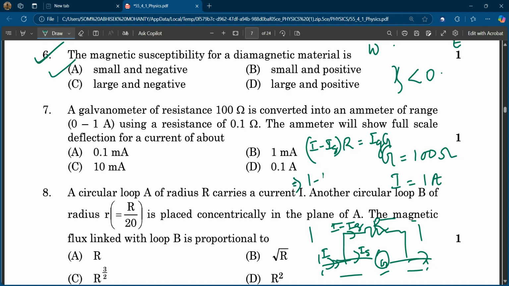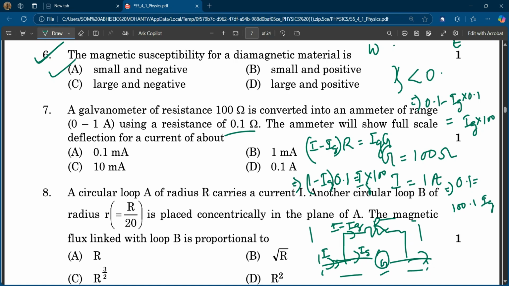I is 1, R is 0.1, G is 100. So 0.1 minus Ig into 0.1 is equal to Ig into 100. So 0.1 is equal to 100.1 Ig, so Ig is equal to 0.1 by 100.1. That will be the answer. You just check which one is the correct option.